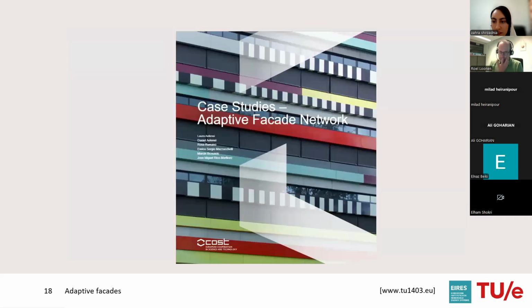More recently, this overview of case studies of adaptive facades was published as part of the COST Action on adaptive facades. You will find the whole book on the website that you can just download for free, with a lot of analysis of different examples of adaptive facades, based on contributions by different experts all around the world.